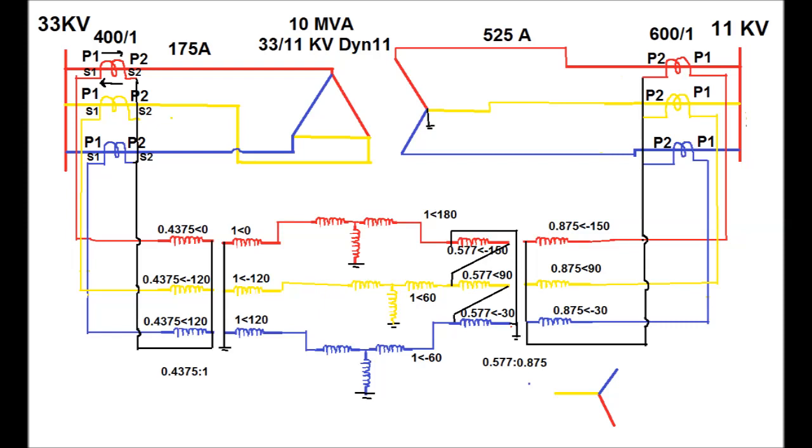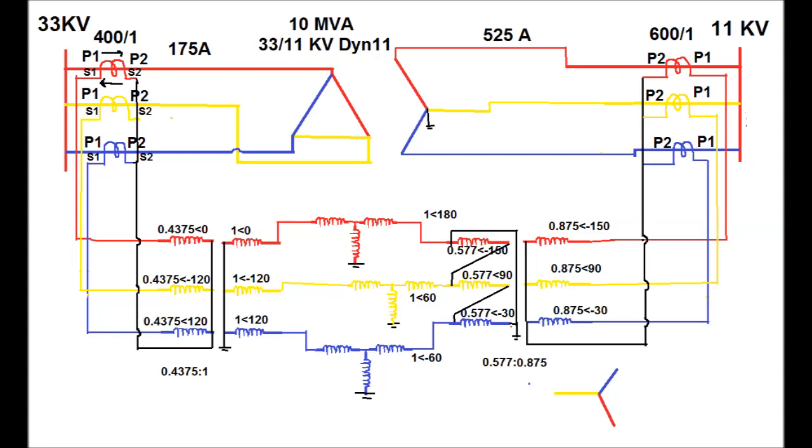So the line current for the delta side, or the current that flows in the differential relay, should be the vector sum: red phase current minus blue phase current, which comes as 1 at an angle of 180 degree.